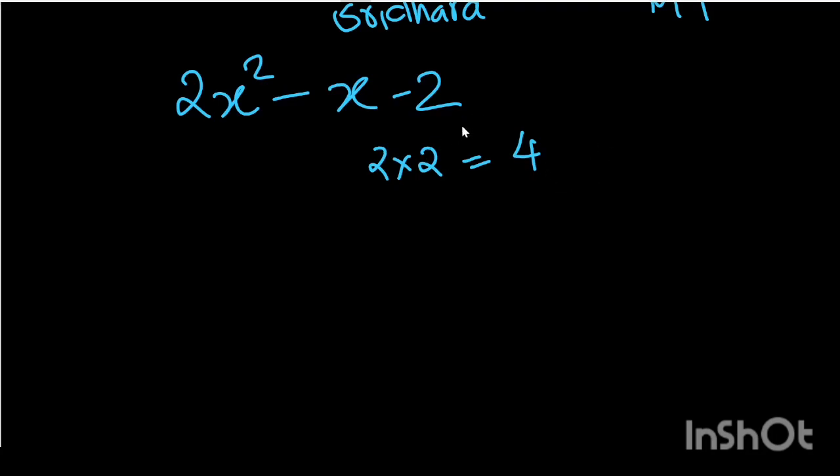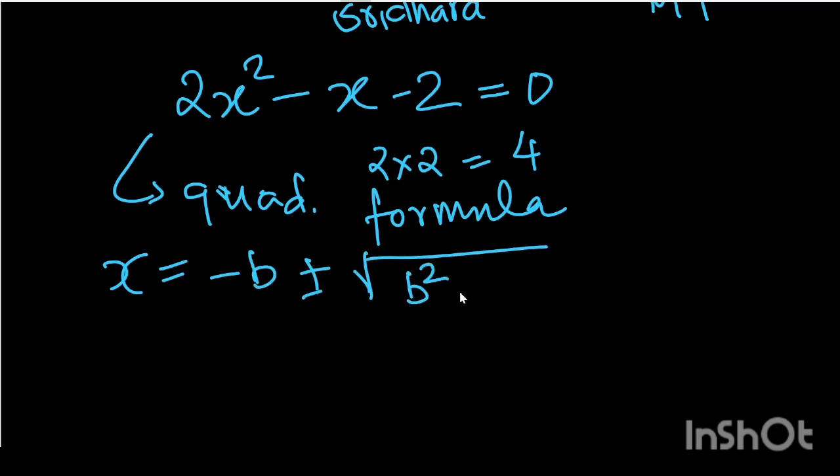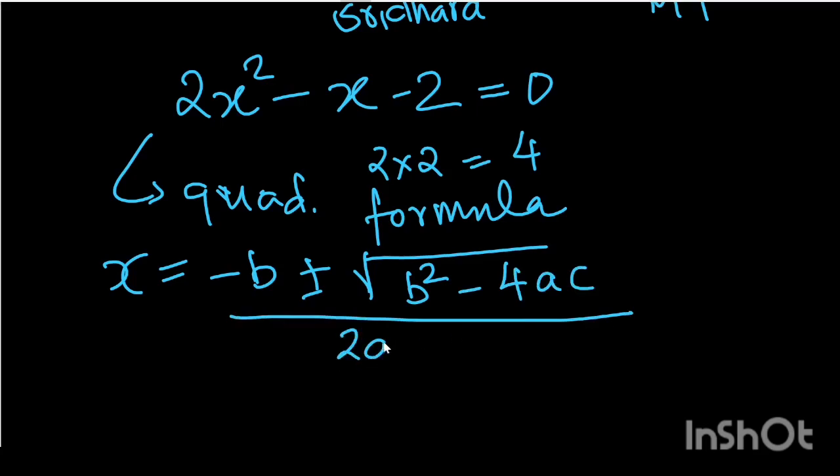So what we will do, we will factorize this equation using quadratic formula. What is the quadratic formula, guys? It is x equals minus b plus minus under root b square minus 4ac upon 2a.